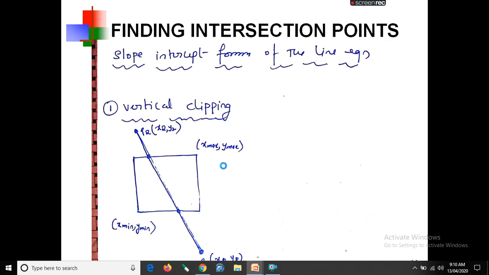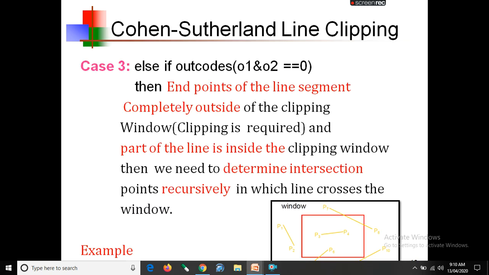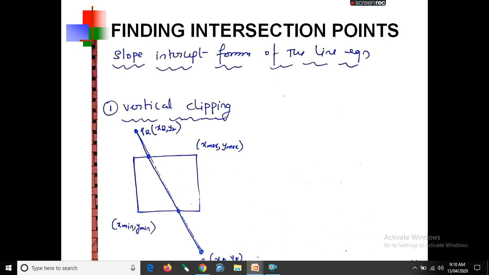Before going to case 4, I would like to discuss how to determine intersection points, meaning the formulas we use, because in case 3 we need to determine intersection points. So we should know the formula to determine them.